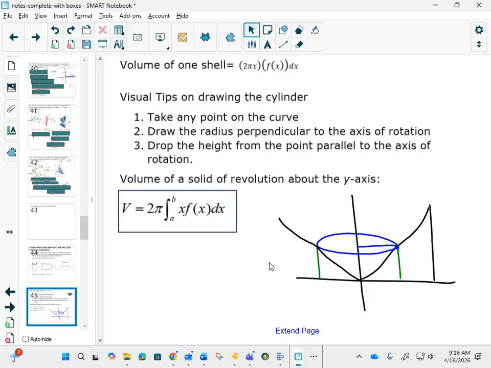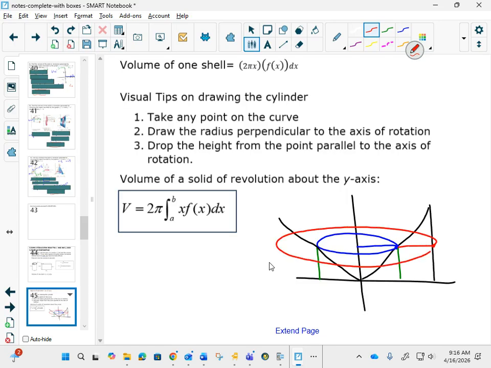Instead of doing what we did before, which would have been taking this same point here and using a washer. Right? If we did the washer method, we're adding washers from this y value up until that y value.